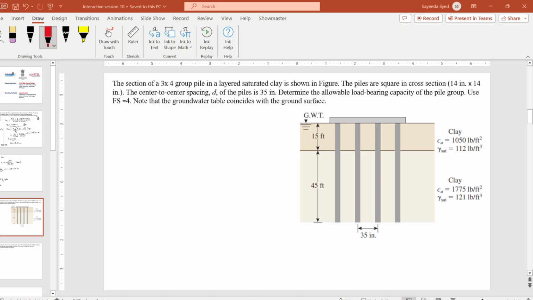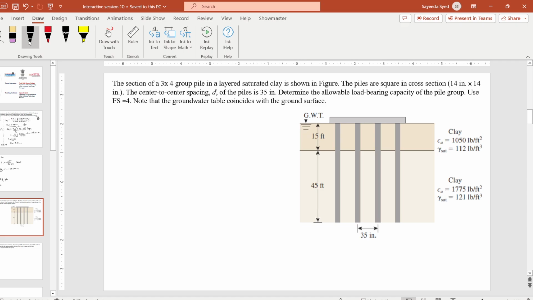As you know, we know that there are two ways in which this group of piles can fail.